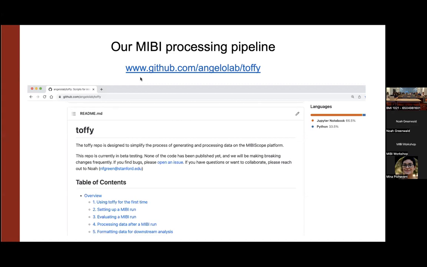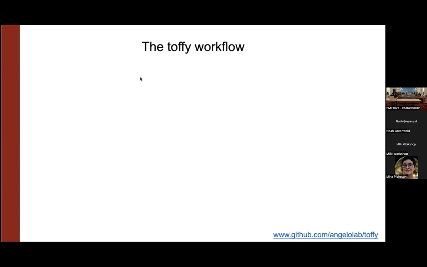We've laid out how you can install Toffee directly on the CAC computers that control the MIBI, and we've tried to streamline this process as much as possible so that any IMPACT customer can get this running in a reasonable manner. So I'm going to give you a brief overview of what the Toffee workflow looks like in general, before we dive into the individual talks in this session, going through the key parts.